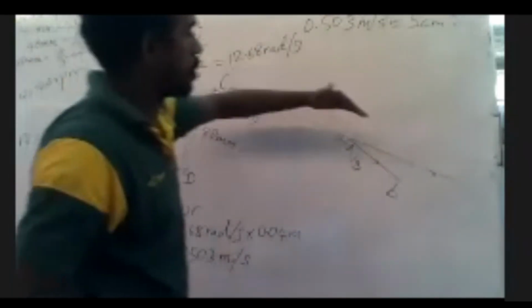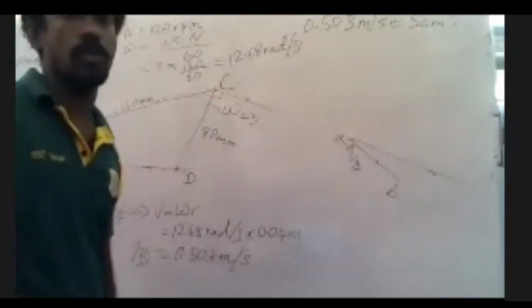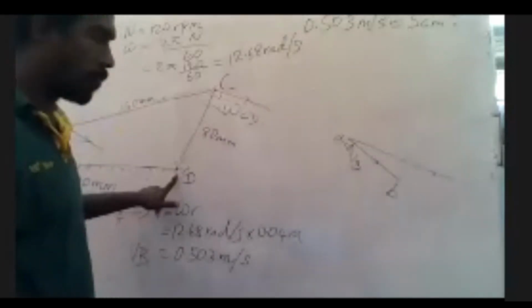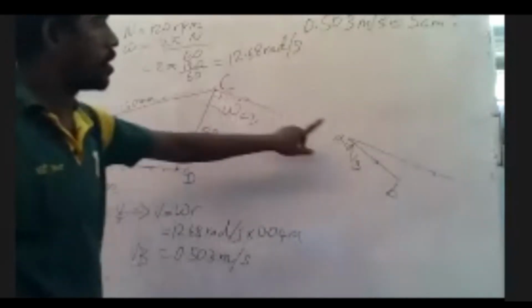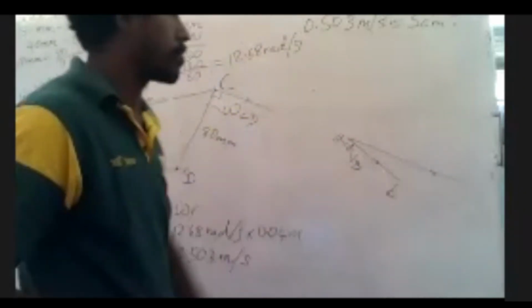This line and this line should be parallel. I don't know the length, so I'll just draw it. This is perpendicular, from D to C. D is a fixed point. We don't know where C is.